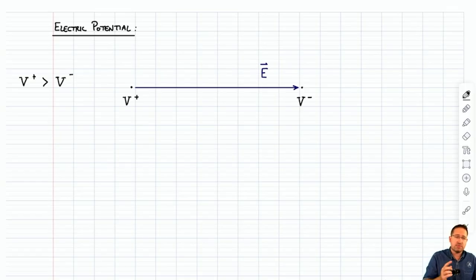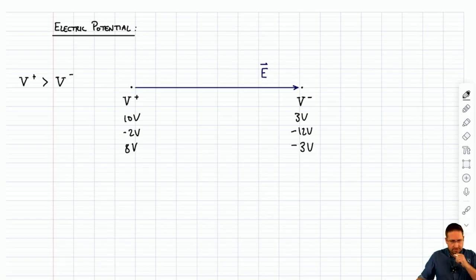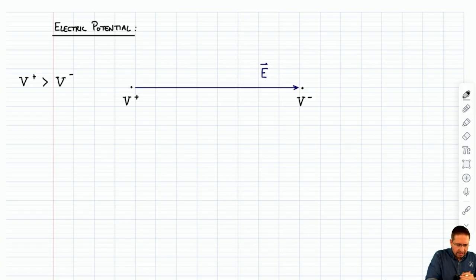But it doesn't have to be that V plus is positive and V minus is negative. For instance, this could be 10 volts and 3 volts. Or it could be minus 2 volts, minus 12 volts. Or even 8 volts and minus 3 volts, whatever. It only matters that V plus is bigger than V minus. So let's get rid of all that so that we can go back to our example here. All that matters is that V plus be bigger than V minus.